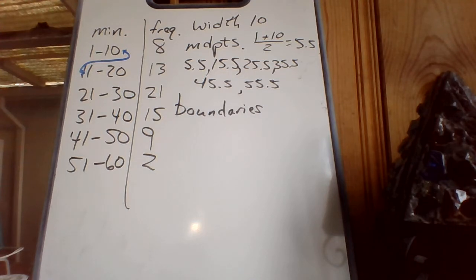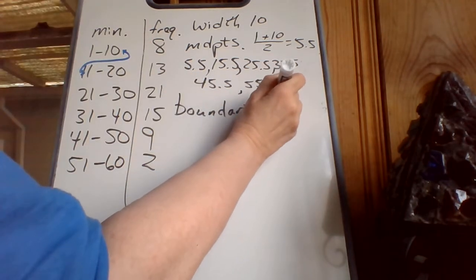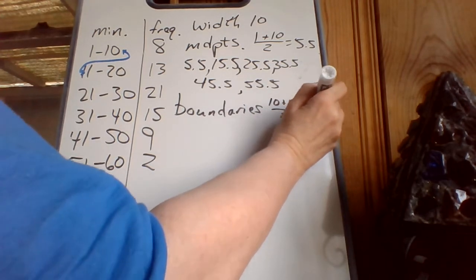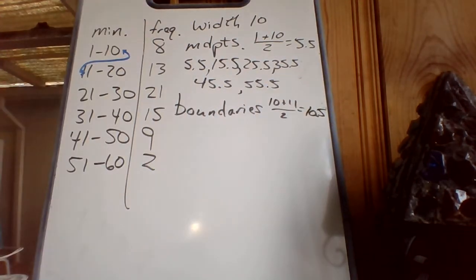If you want to do the calculation, you would go 10 plus 11, divide by 2, 10.5. Usually you can look at these and tell because they're both integers, and you just pick the number halfway between them.